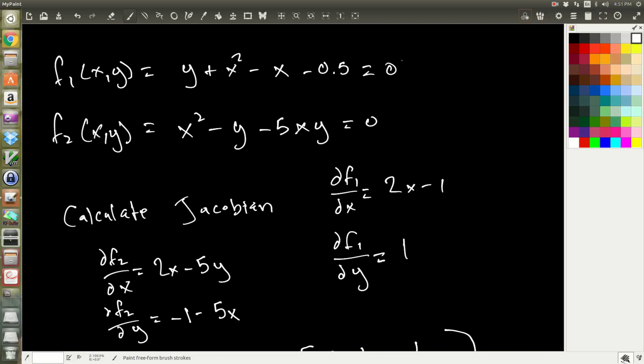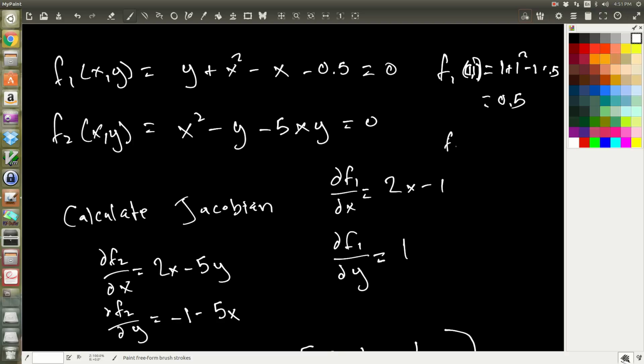If I plug in 1 into this equation, I get f1 of 1, 1, right? That's equal to 1 plus 1 squared minus 1 minus 0.5. That's going to be equal to, well, these cancel, that's just equal to 0.5.